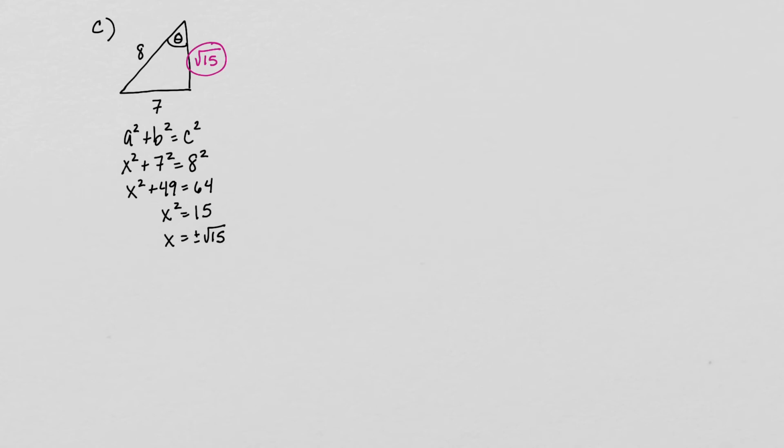No? Okay, so now, just like before, we're going to figure out the sine of theta, the cosine of theta, the tangent of theta, and then the cosecant of theta, the secant of theta, and the cotangent of theta. Now here's the important thing. Remember, it's always from the perspective of theta.